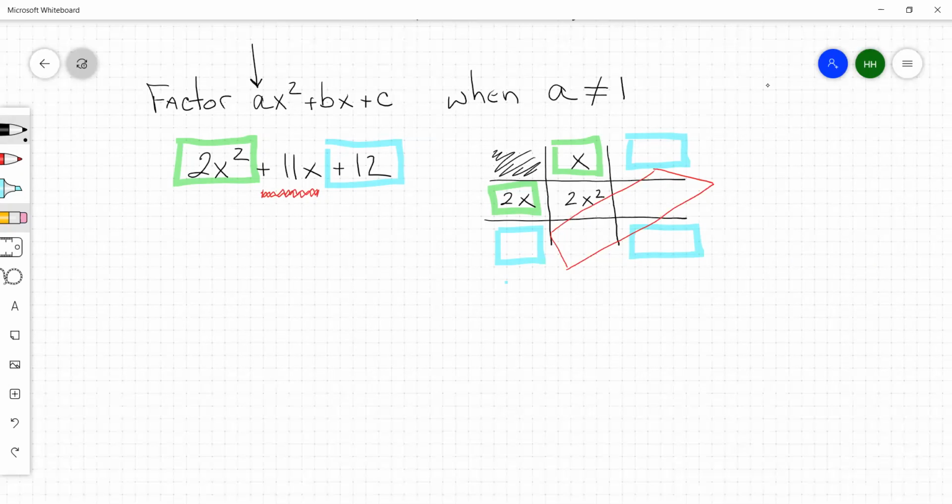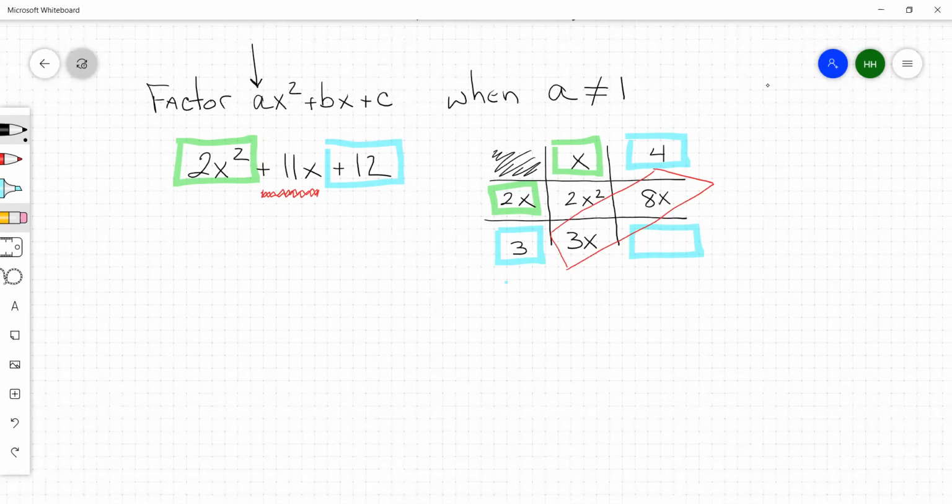If we put a 4 here and a 3 here, look what happens when we fill in this table. This x in green times this 3 in blue gives us 3x. And this 4 in blue times this 2x in green gives us an 8x. And 3x plus 8x equals the 11x, so we're good so far.